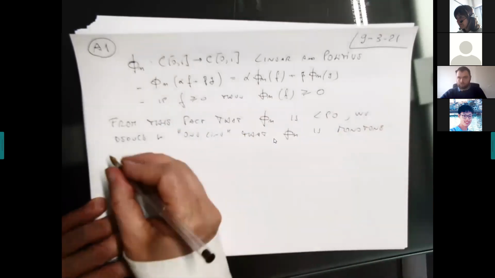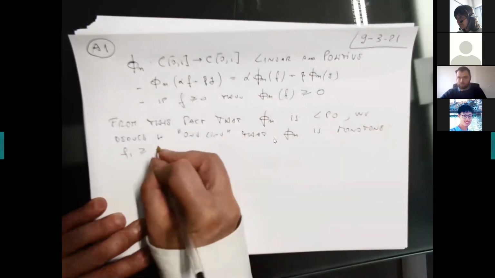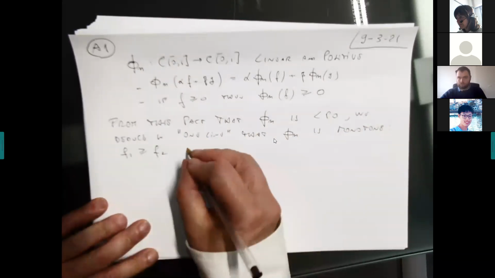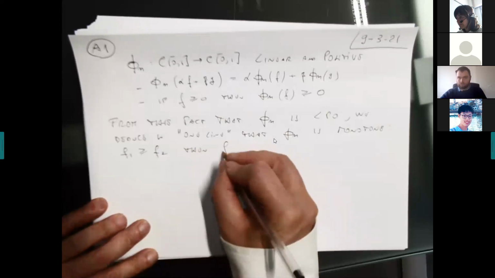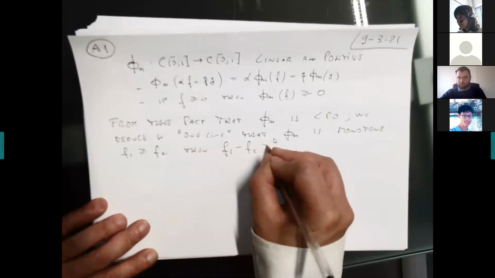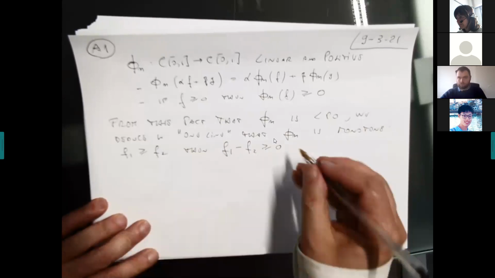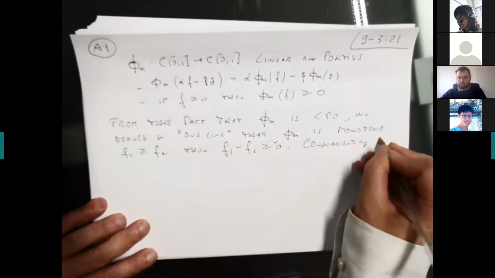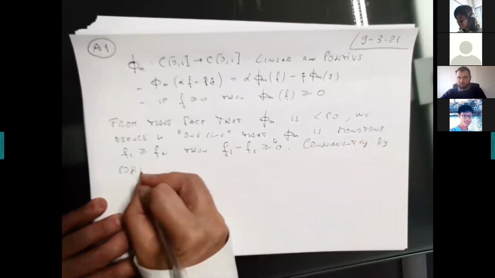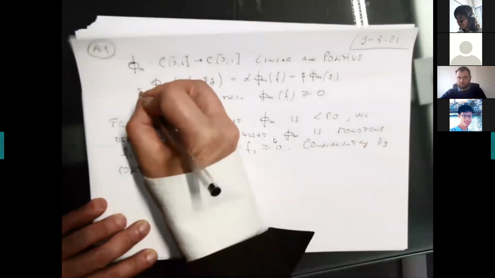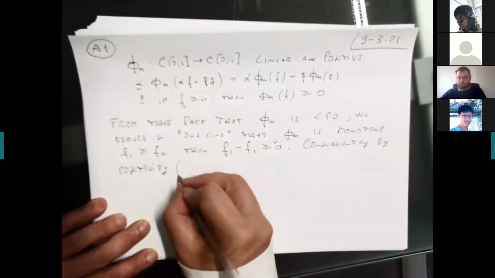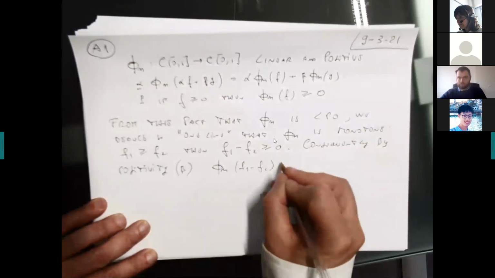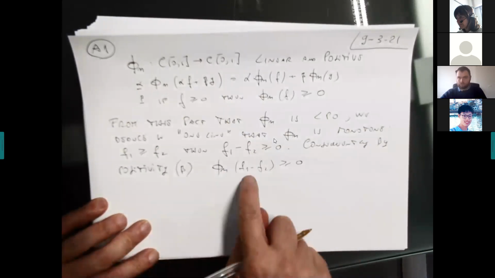What I mean: if f1 is greater than f2, you take two continuous functions, one larger than the other, then this is equivalent to saying that f1 minus f2 is larger than 0. Consequently, by positivity, phi n of f1 minus f2 is larger than 0.